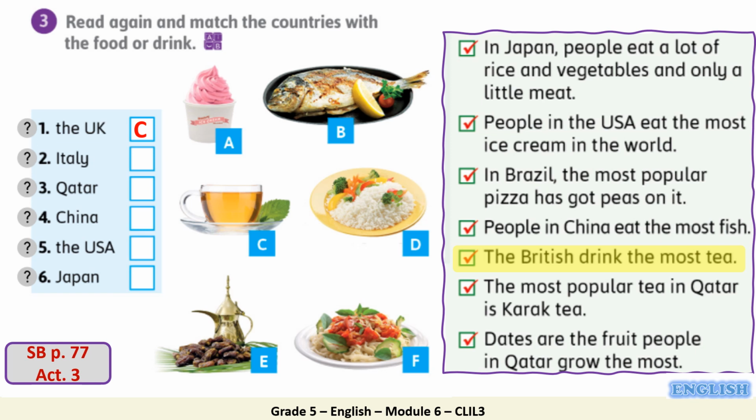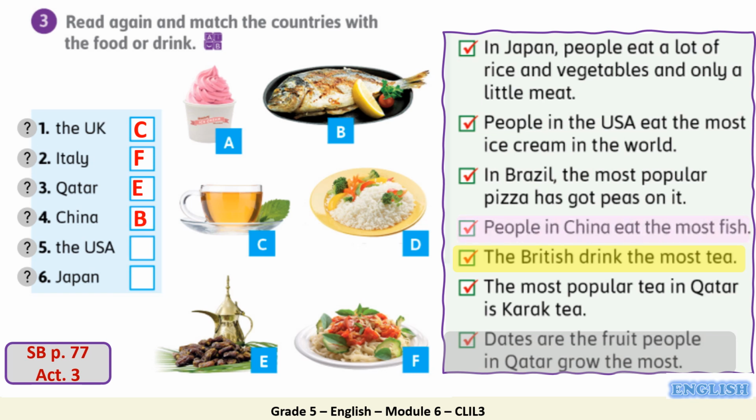Welcome back. People in Italy eat a lot of pasta. Good job. People in Qatar. Excellent. Dates are the fruit people in Qatar grow the most. Number 4.